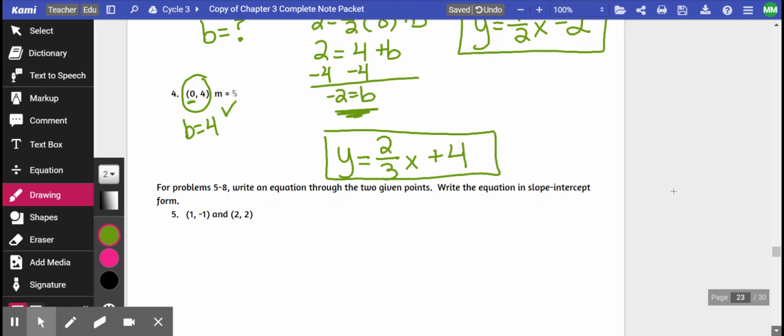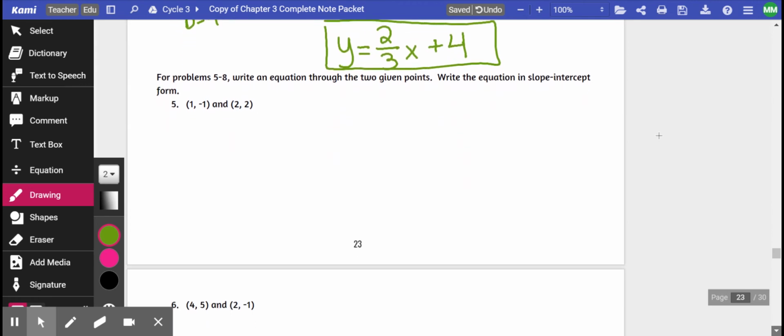For the next few problems, we are only given 2 points. So for these ones, we have to solve for both the m value and the b value. So for number 5, we first need m. So we're first going to find m.